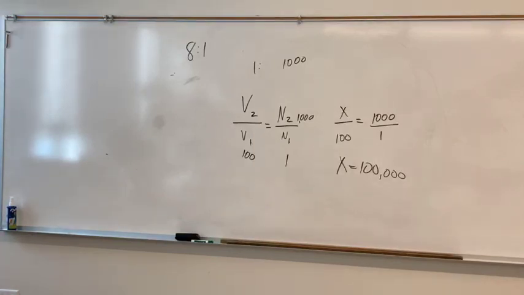Now looking at the second part of that, the effects on current. Notice this. Intensity is current, current is amperage, amperage is number of electrons. Intensity on the secondary side over intensity on the primary side is equal to number of turns on the primary side over number of turns on the secondary side.